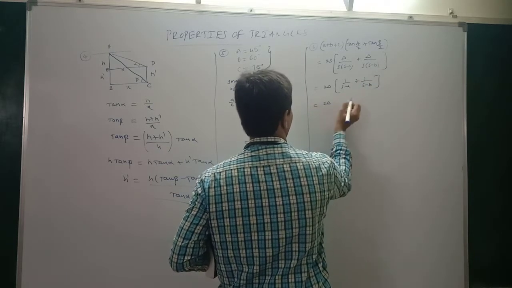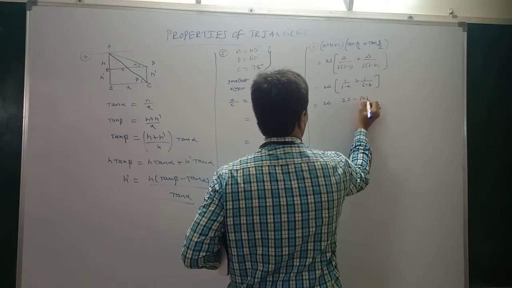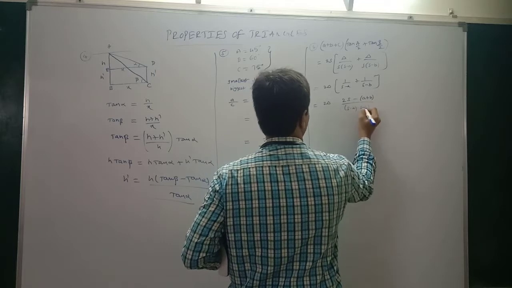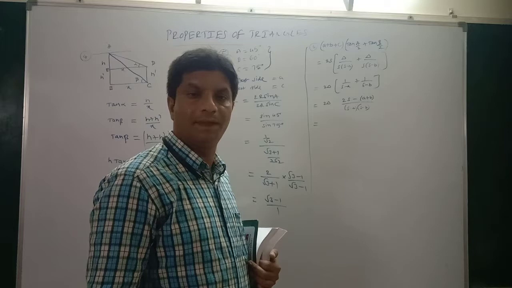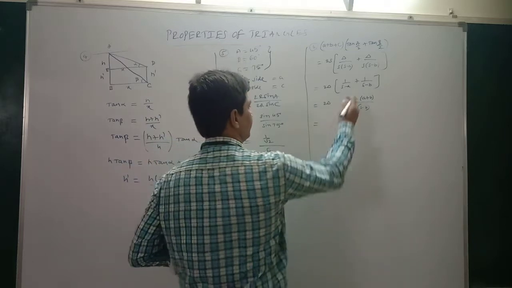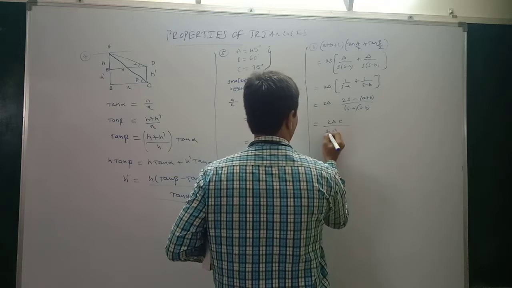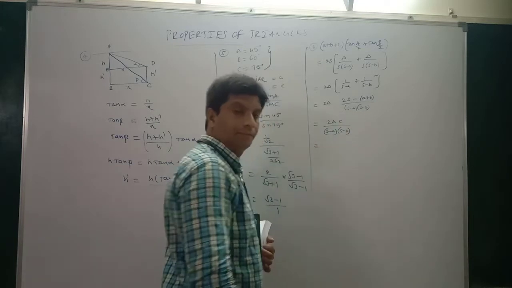Again this is 2 delta into, take LCM, this is (s minus b) plus (s minus a), that is 2s minus of (a plus b), by (s minus a) into (s minus b). What is 2s minus of (a plus b)? From a plus b plus c equal to 2s, this is c. So this is 2 delta c by (s minus a) into (s minus b). Easy, try to arrange.